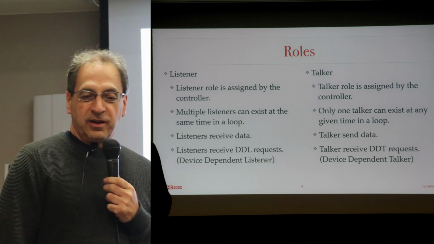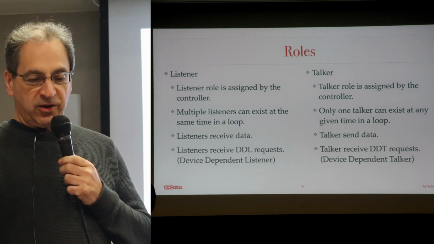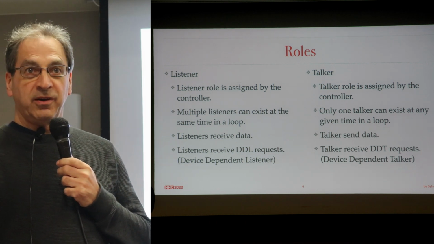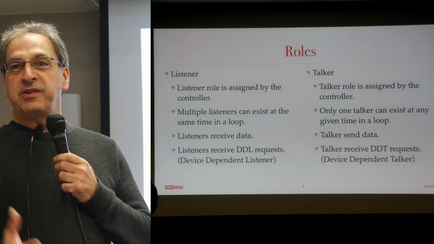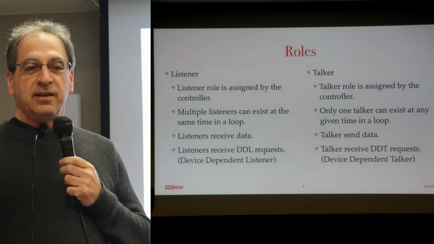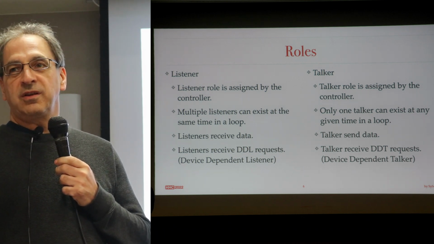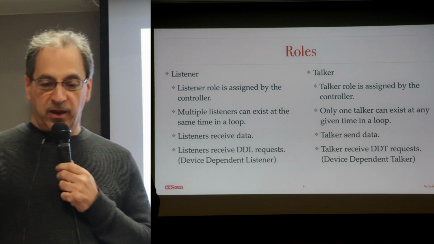Okay, listener is one of the roles. A listener is assigned by the controller. You can have multiple listeners in the loop at the same time. The goal of the listener is to receive data, but you can also send a command to the listener. It's called a device-dependent listening command.